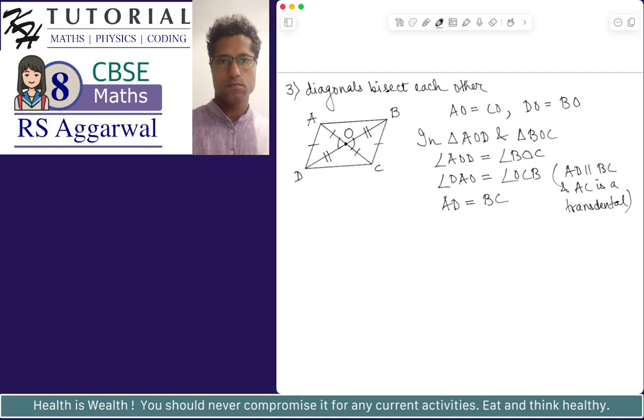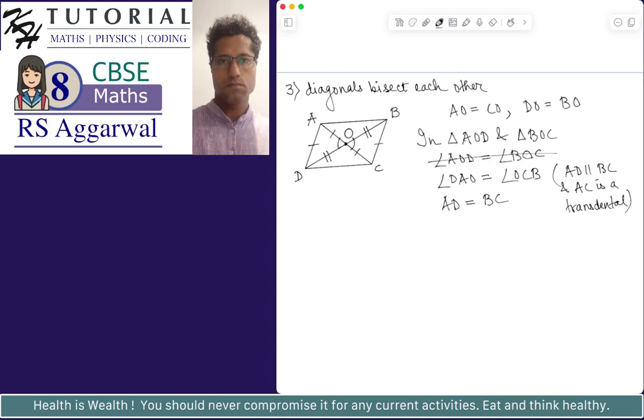So AD must be equal to BC. Okay. What do we need? To establish congruency between triangle AOD and BOC, we already have one angle equal and one side equal. I think vertically opposite angle will not satisfy any congruence relation by itself. So this will not help.